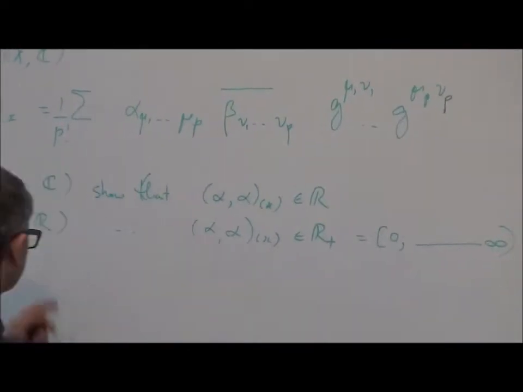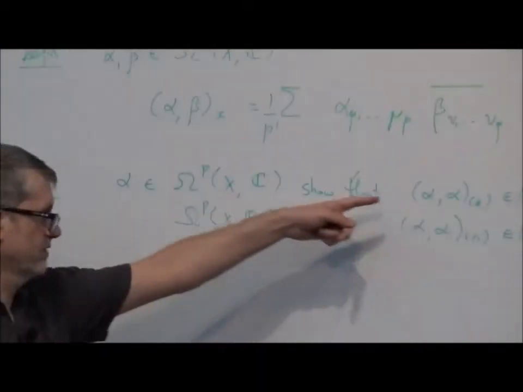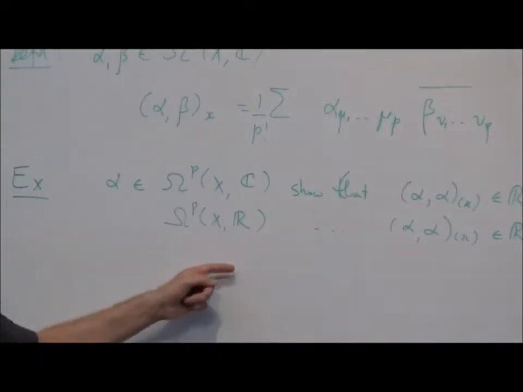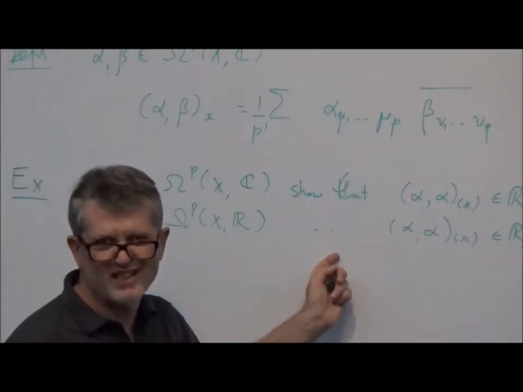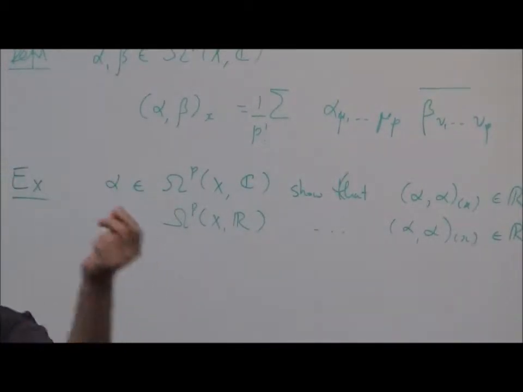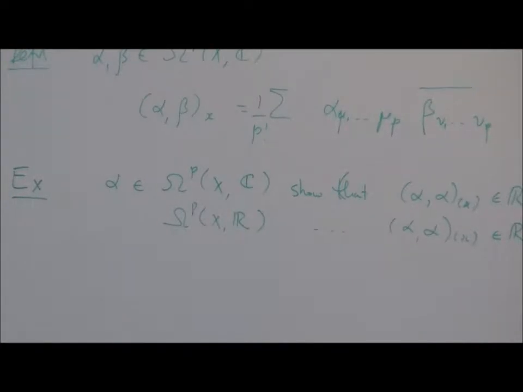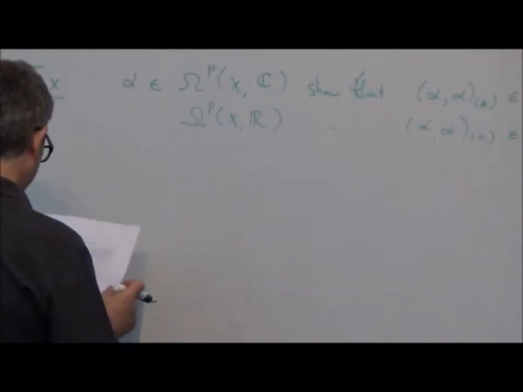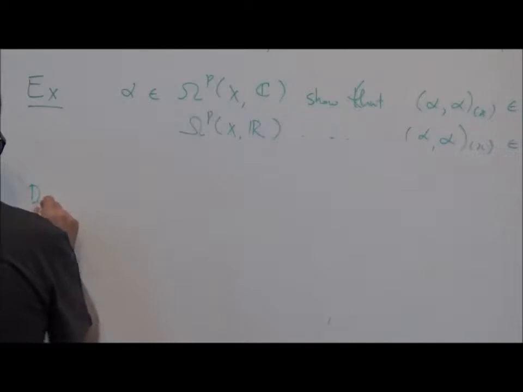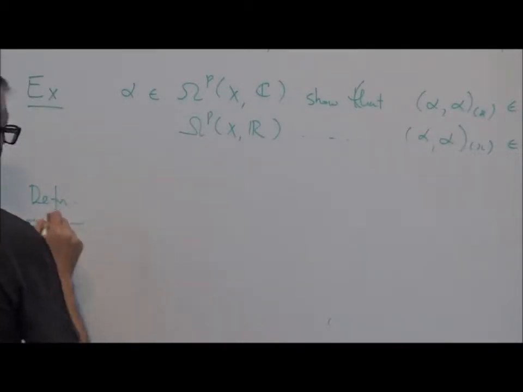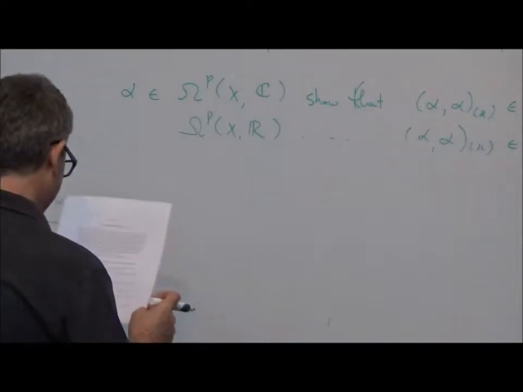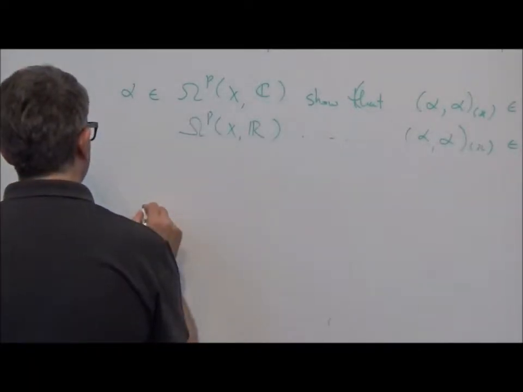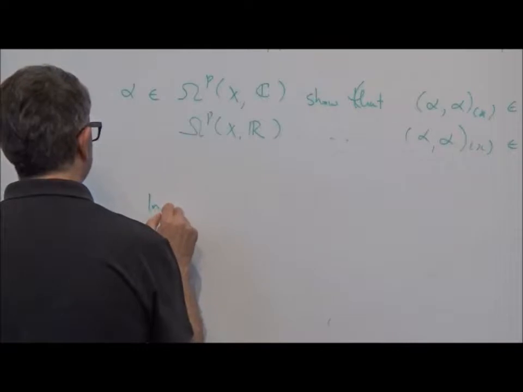So that's useful because if you just restrict, first of all, it makes it real, that's a good thing. Secondly, if it's in the reals itself, then this is a positive semi-definite inner product pointwise. So that's what you've got to do. Here's a definition. Hodge star hasn't appeared yet, I'm just giving you a lot of stuff before we get there. The inner product, so I'll define an inner product.